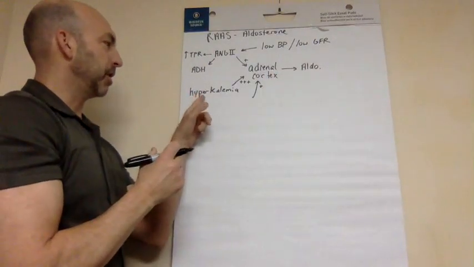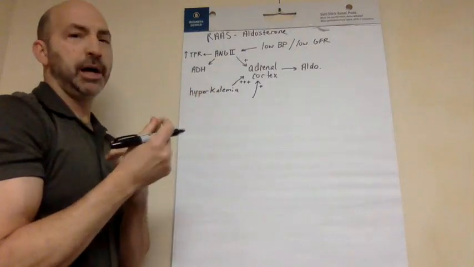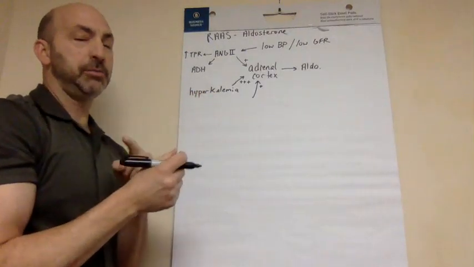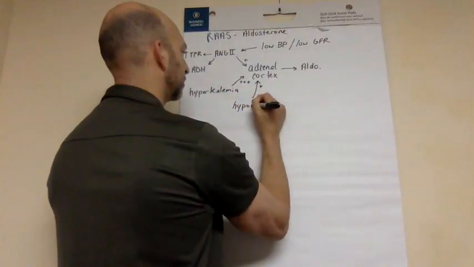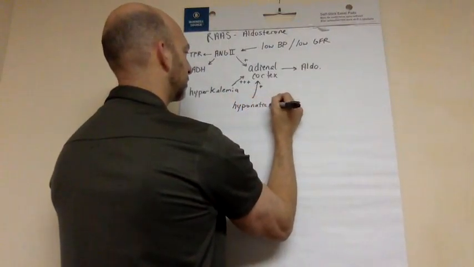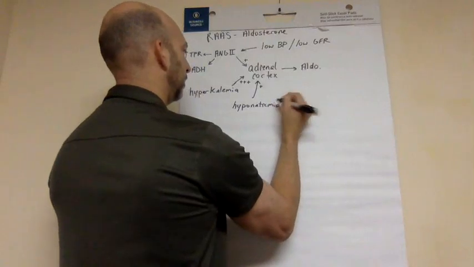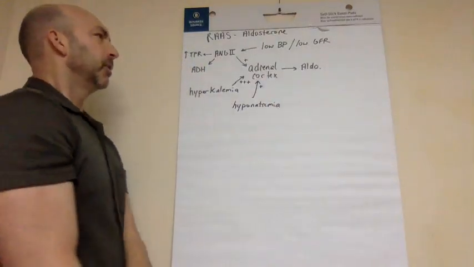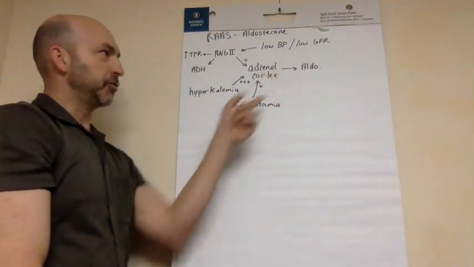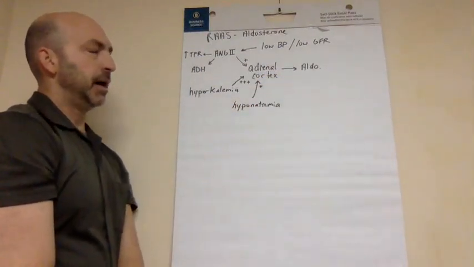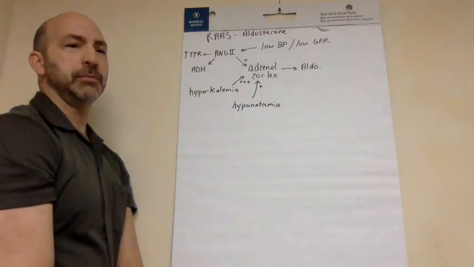So this was hyper, so high potassium. Hypo was low, and natremia for sodium. And so aldosterone will help elevate low extracellular sodium levels.